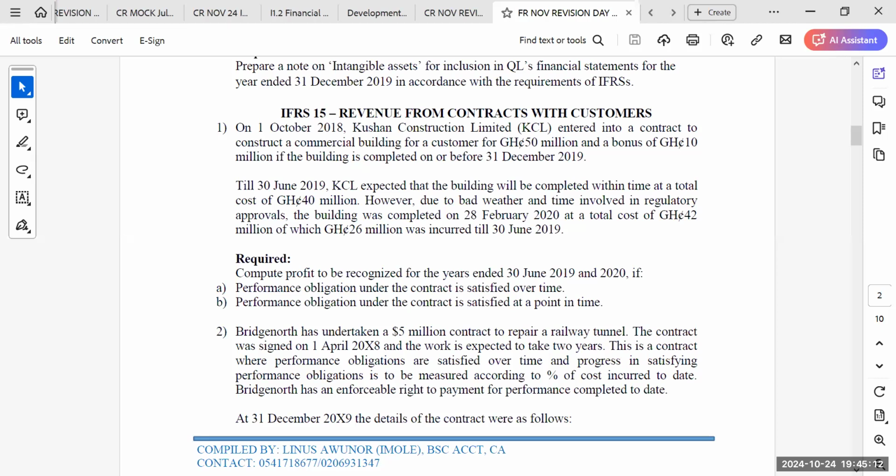Now, let's come to the first part. Till 30th June 2019, KC expected that the building will be completed within time at a total cost of 40 million. So up to the end of 30th June 2019, the expected total cost to complete the contract was what?